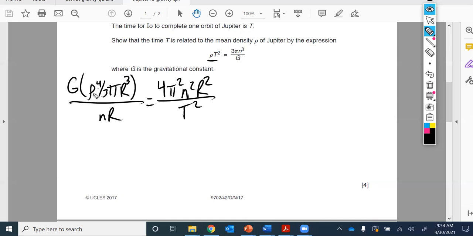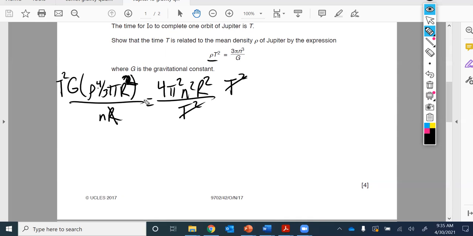So there's our rho, there's our t squared. The first thing I would do is just multiply both sides by t squared. So now I've got my rho and my t squared on the same side of the equation, and I just got to get rid of all this other stuff on this side. Let's see that this is going to cancel one of those. Remember, R cubed is R times R times R. So now it's only R squared, right?